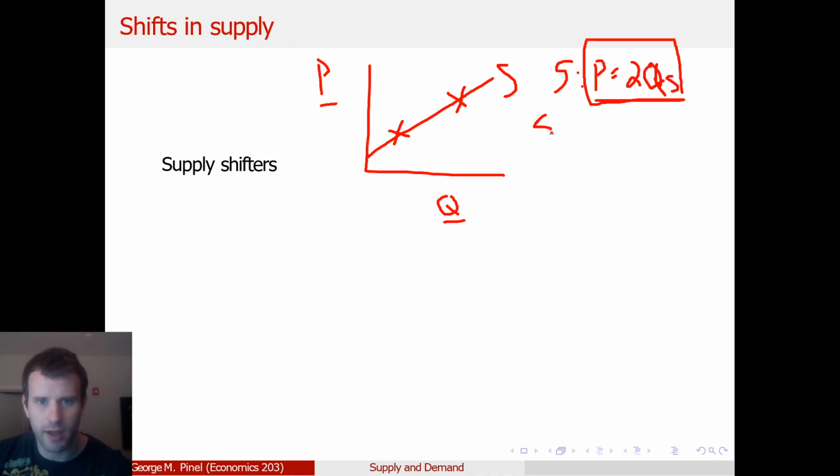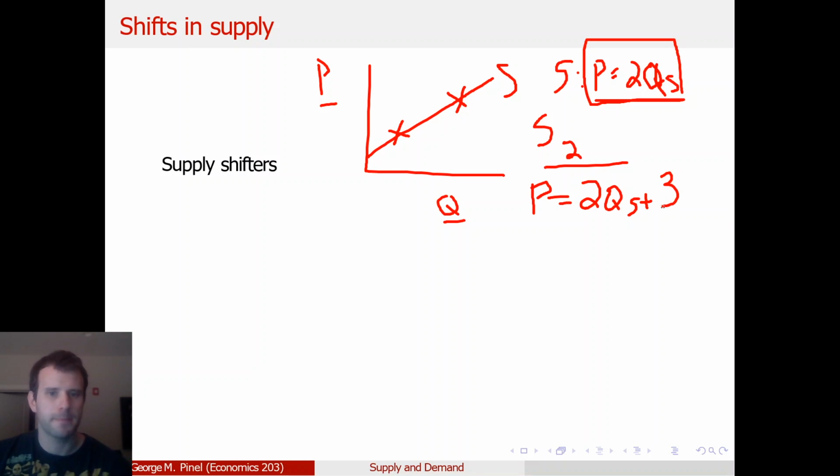We can have S2, and I'm going to write it below, where P, price, is equal to 2QS plus 3. So what does that mean? That means for every quantity supplied, price is now going to be 3 higher.